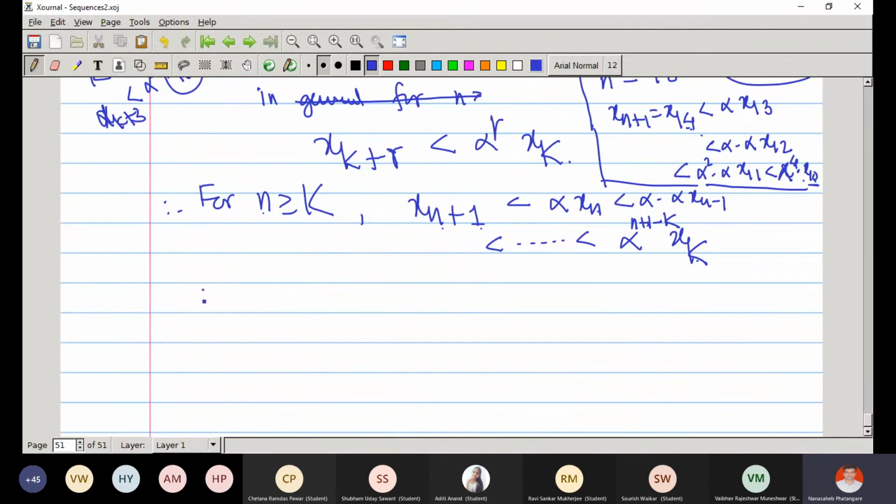Fine. Therefore, what is the conclusion? For n greater than or equal to this particular k, xn plus 1 is less than alpha raised to n plus 1 minus k into xk. Xk is a constant now.